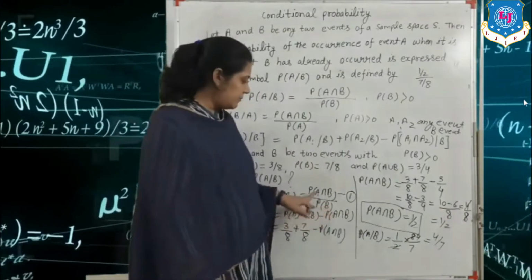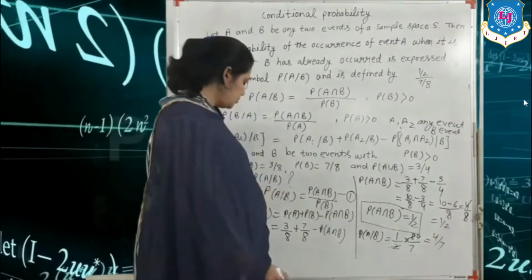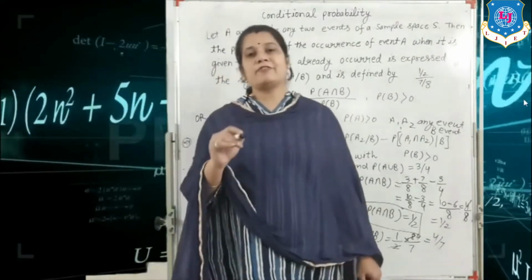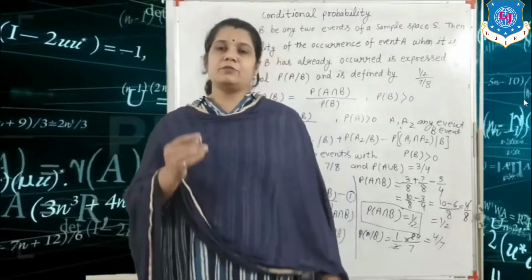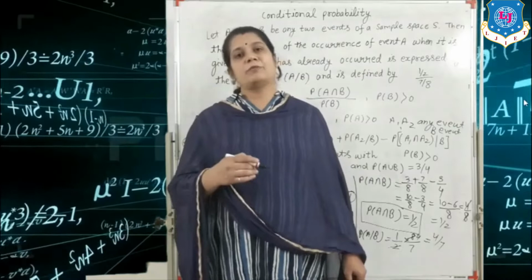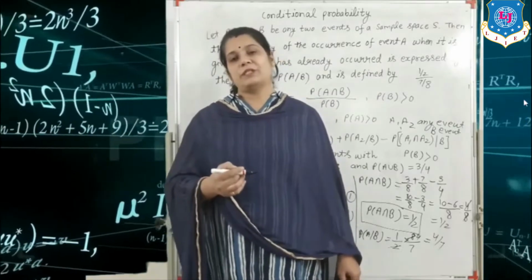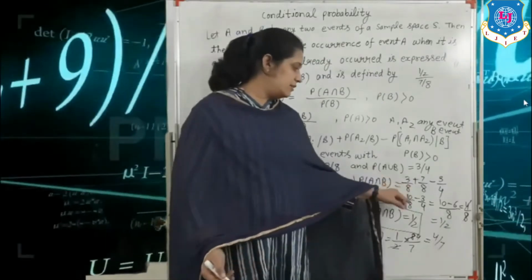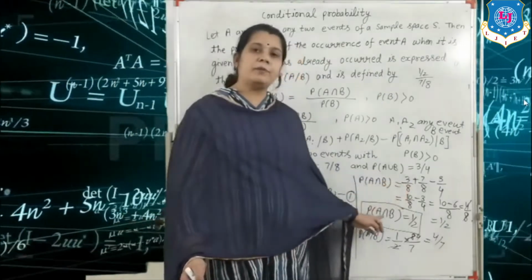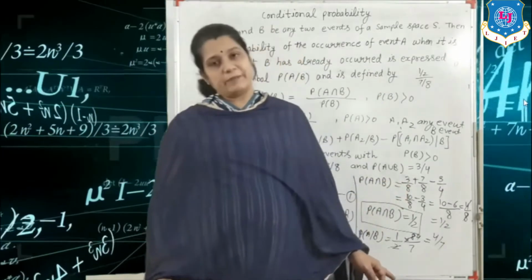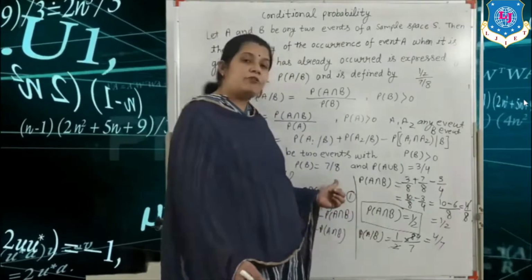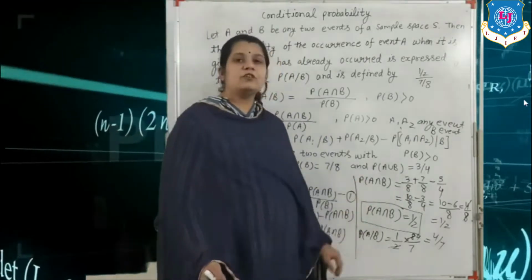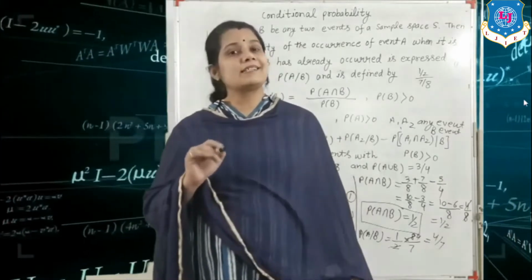First, we find the A intersection B. You use the formula of probability of A union B is equal to probability of A plus probability of B minus probability of A intersection B. After that, you put all these three values and we get the value of probability of A intersection B. And then we put it in this formula, so we get the value of the probability of B given A.